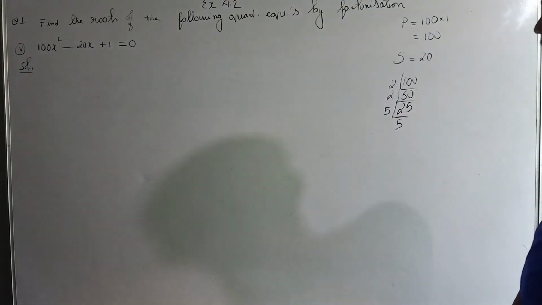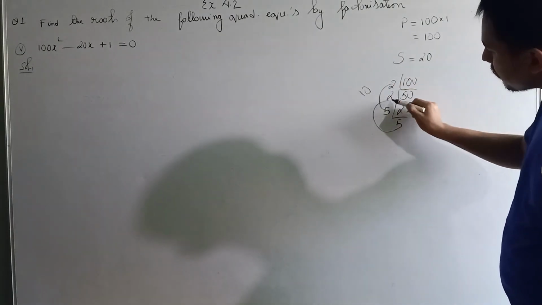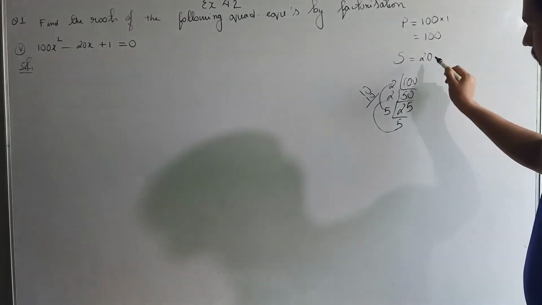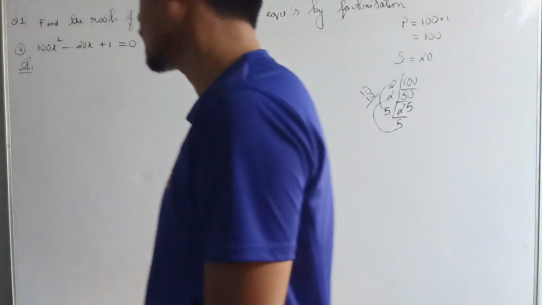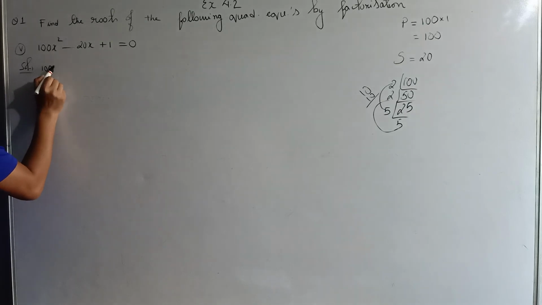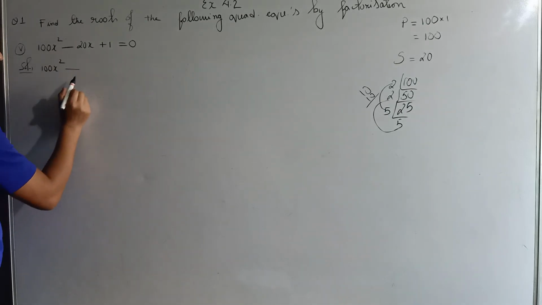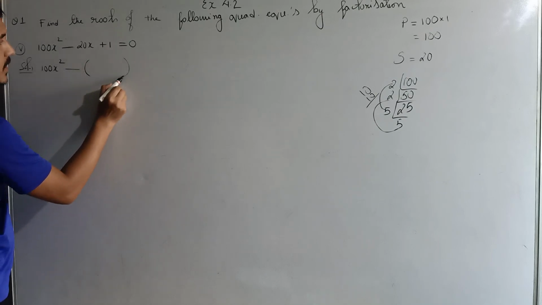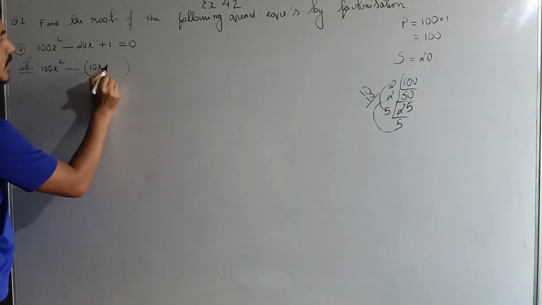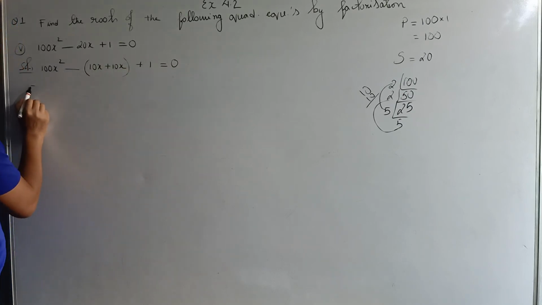Now let us rearrange. 5 times 2 is 10, another 5 times 2 is 10. 10 plus 10 gives you 20. So 100x squared, this minus as it is. This 20x can be split as 10x plus 10x. And then we have plus 1 equals to 0.